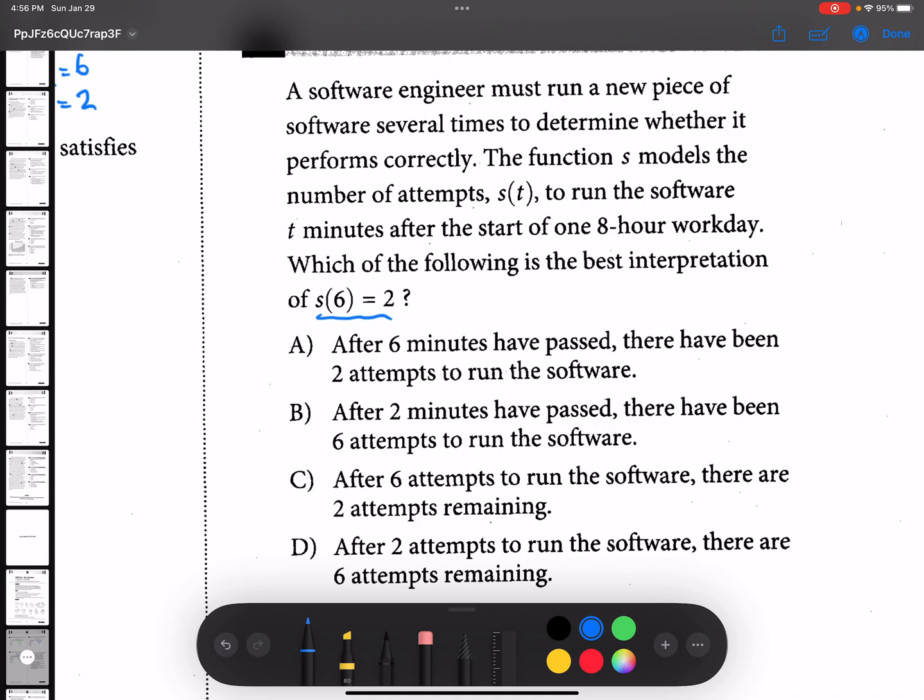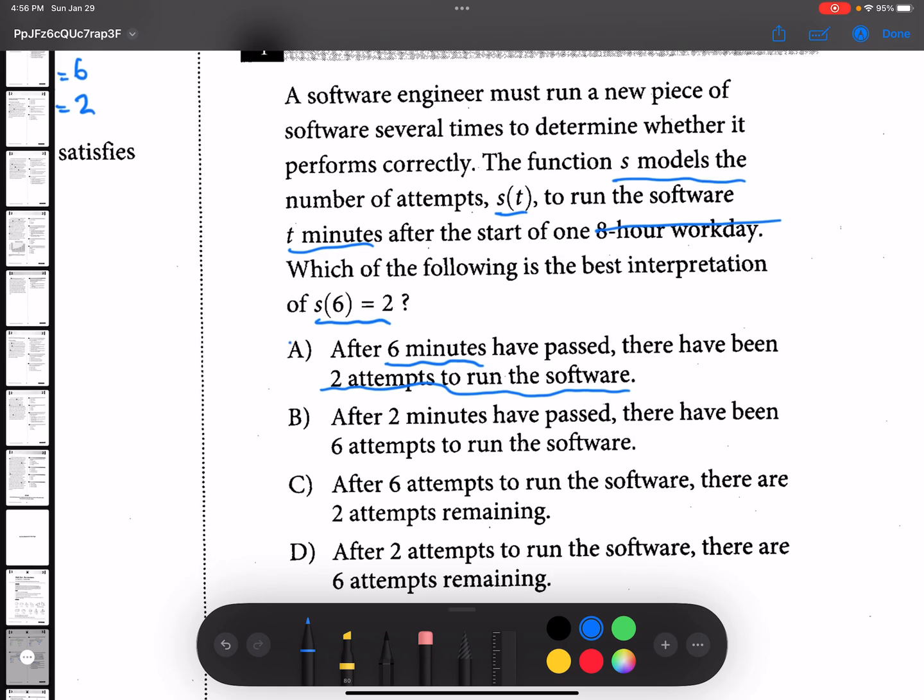After 6 minutes have passed, there have been 2 attempts to run the software. It's an 8-hour workday, which is unnecessary information. But S is the model, and T is the minutes. It says that after 6 minutes, there have been 2 attempts to run the software model. So that does make sense, which means A is our answer.